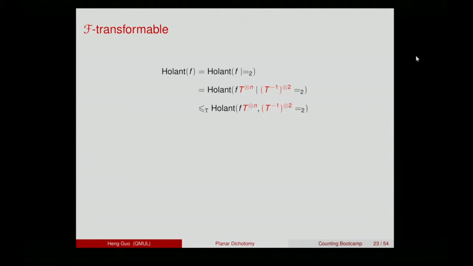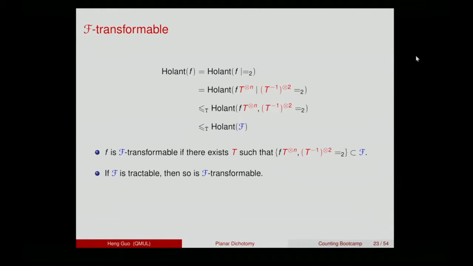The complexity can only increase. And so we call this F-transformable if both of these two functions belong to the same function set F. Therefore, we can reduce this small f to script F. The point is, if script F is tractable, then any F-transformable functions are tractable because they can be reduced to F by these transformations.